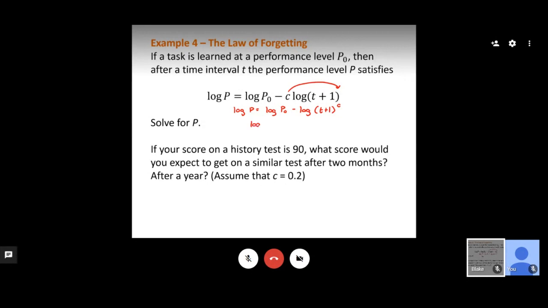So now we end up with the log of P equals log of, and now in here we're just going to have P sub 0 divided by T plus 1 raised to the C power. Any questions up to that point? So just applying those laws of logarithms so we can get all of those combined into a single log on the right-hand side.